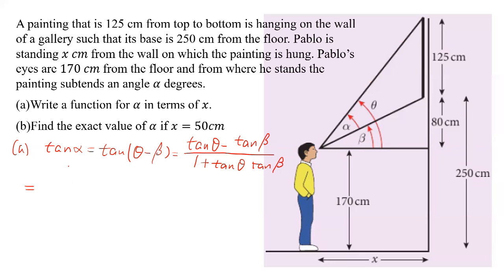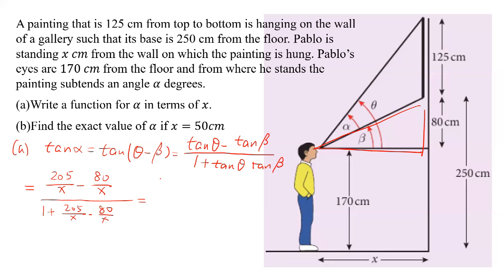So first of all, tangent theta. Tangent theta is 205 over x, right? And then tangent beta. Tangent beta is, in this triangle here, 80 over x, right? Okay, and then 1 plus 205 over x times 80 over x.